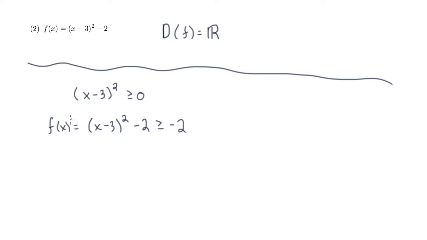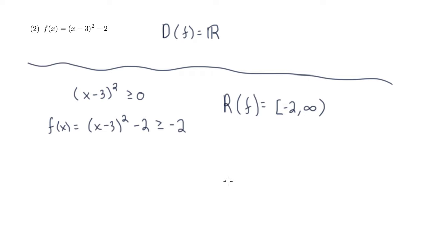So f of x appears to always be greater than or equal to negative 2. So we might guess that the range is going to be negative 2 to infinity, including negative 2. But we actually have to justify that.